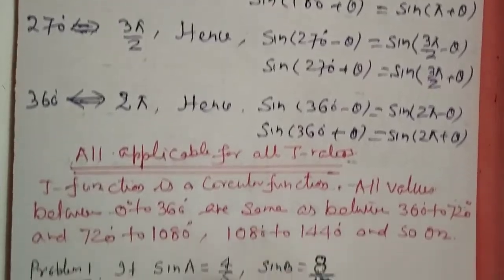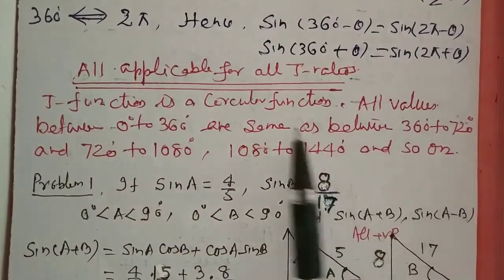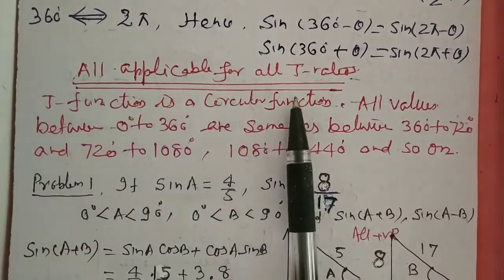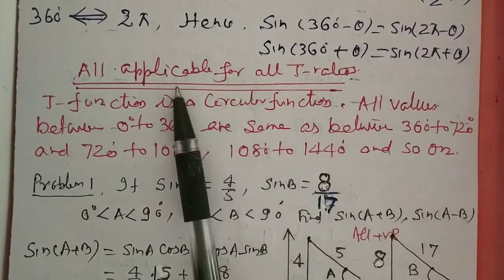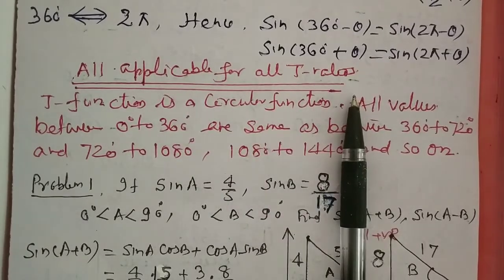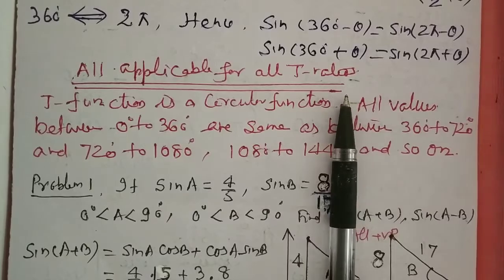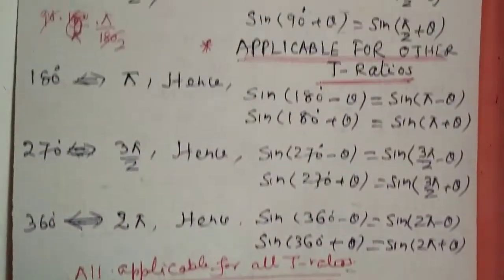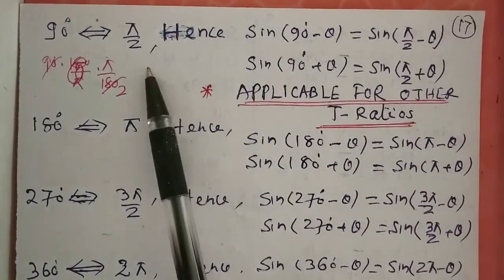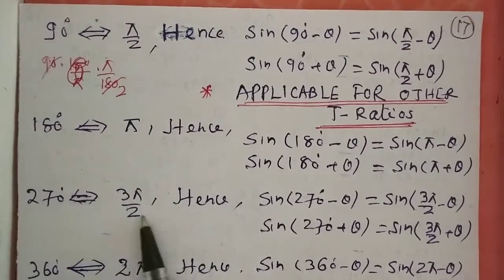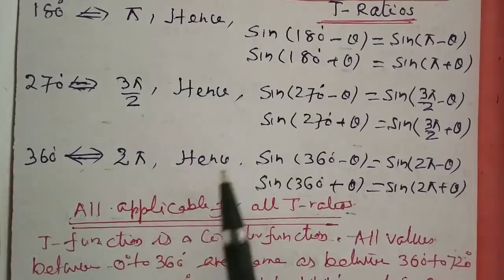All are the same. All applicable for all trigonometric ratios, meaning 90 stands for pi by 2, 180 for pi, 270 for 3 pi by 2, 360 for 2 pi.